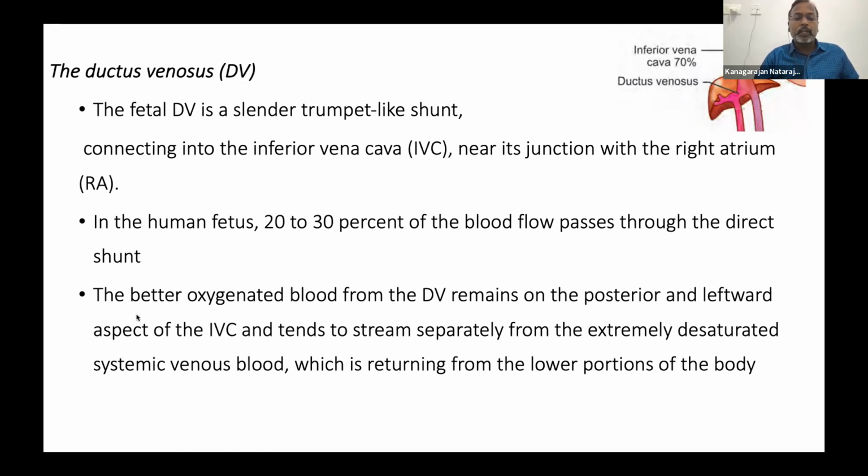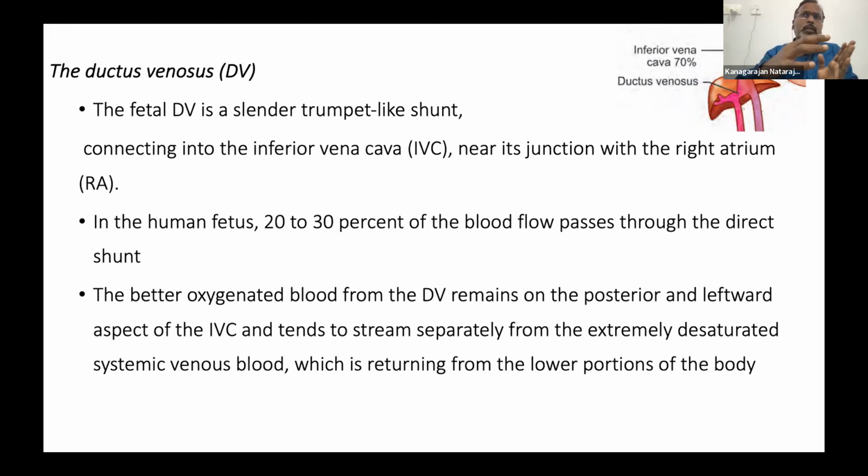So for the better oxygenated blood from the ductus venosus, just imagine that you have a pipe, a tube-like IVC. The posterior and leftward blood is highly oxygenated and tends to stream separately from the anterior part of the blood.